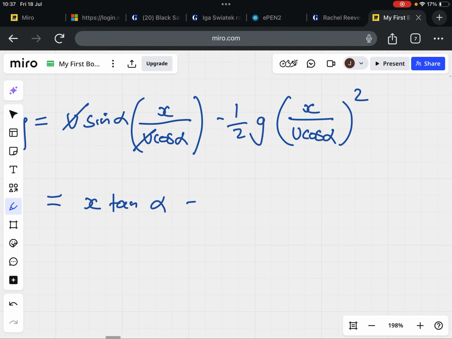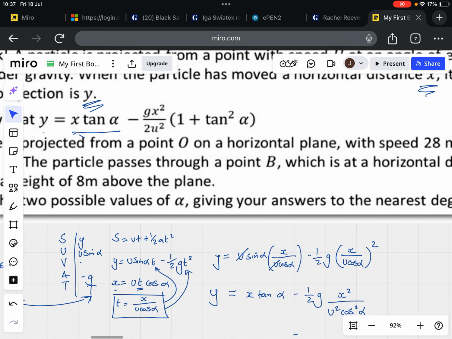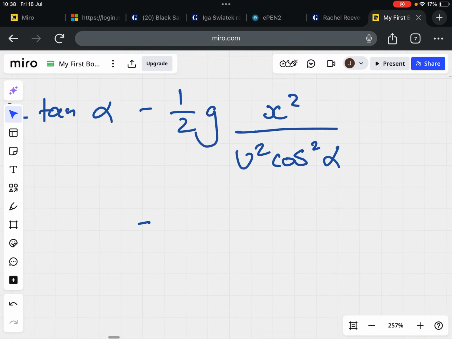So minus 1/2 g x squared over u squared cos squared alpha. And I'm going to, hang on, what's my final answer? I just need to keep an eye on my final answer at this point here. So the half and the u squared can go together. Okay, right. Let's write it like this then.